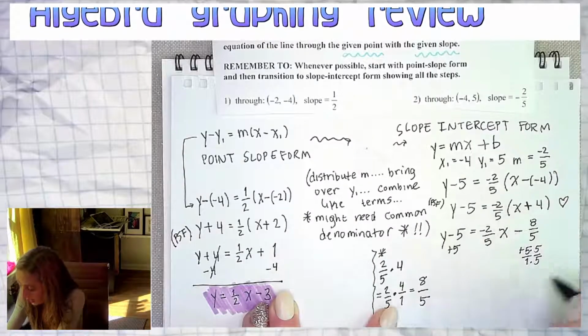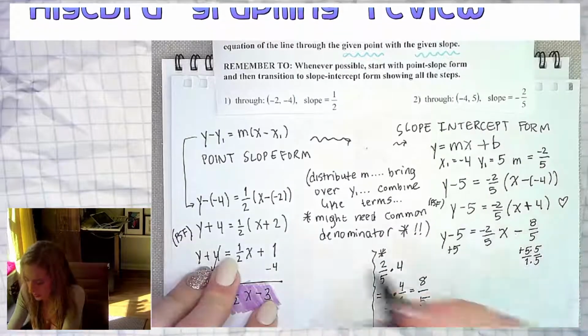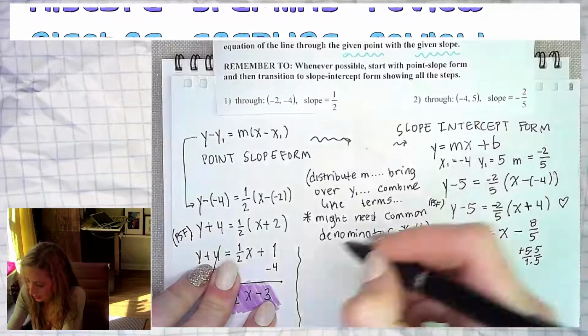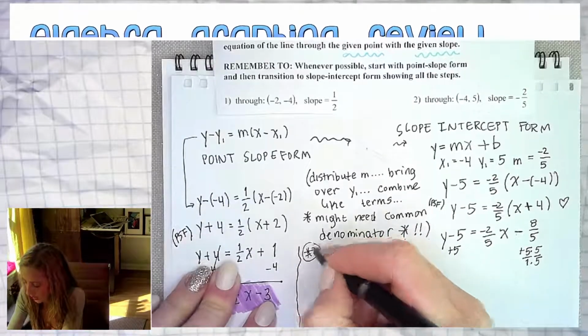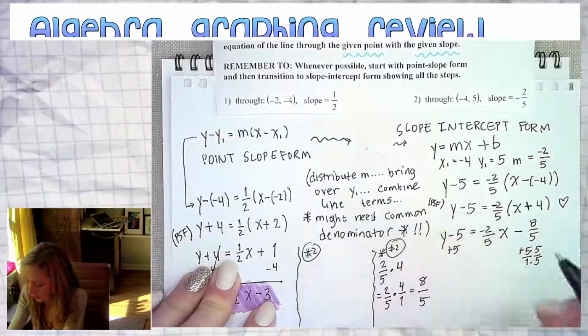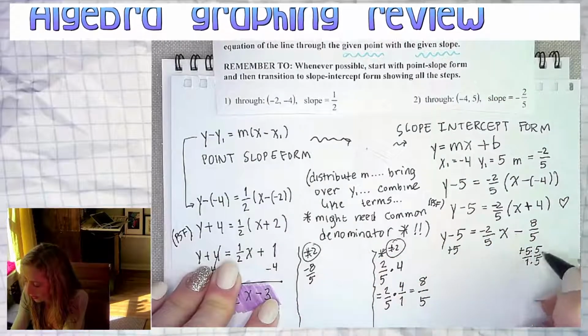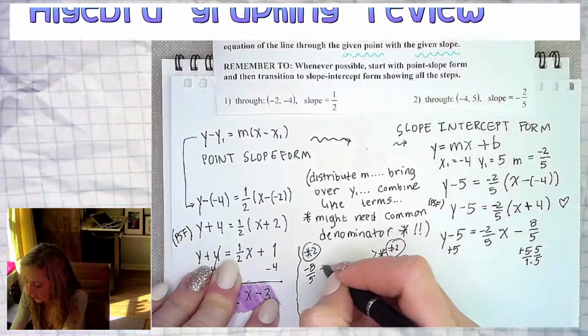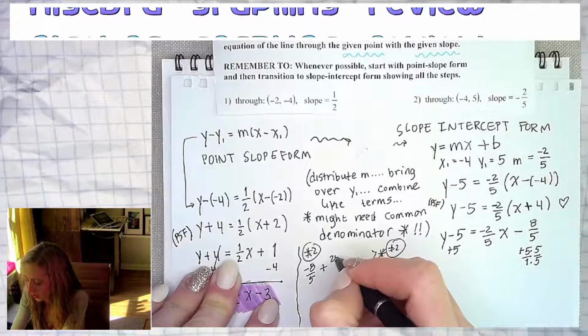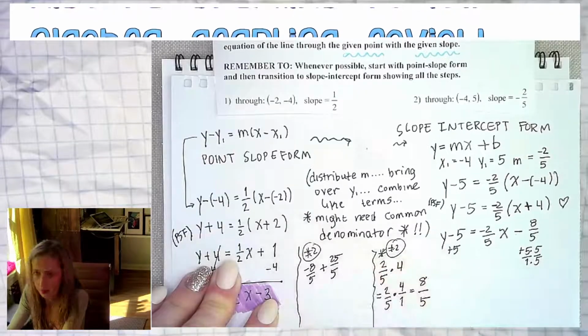So then I'm going to do a little side work for this. Let's do a little line over here. So this is still for number 2 side work. So I have negative 8 over 5. Instead of it being plus 5 over 1, I'm going to write plus 25 over 5.